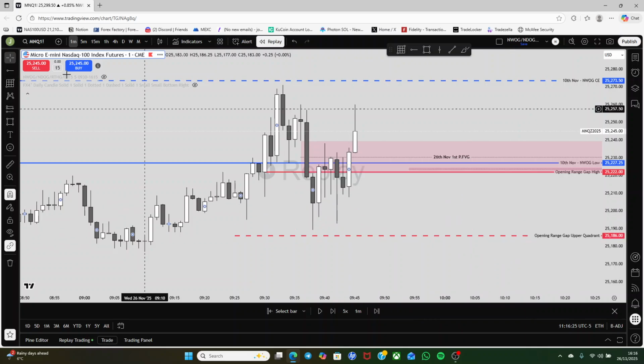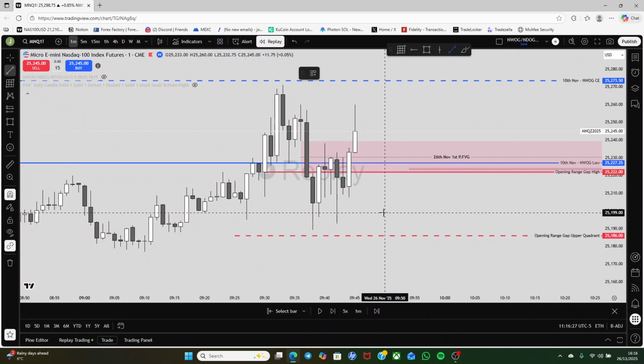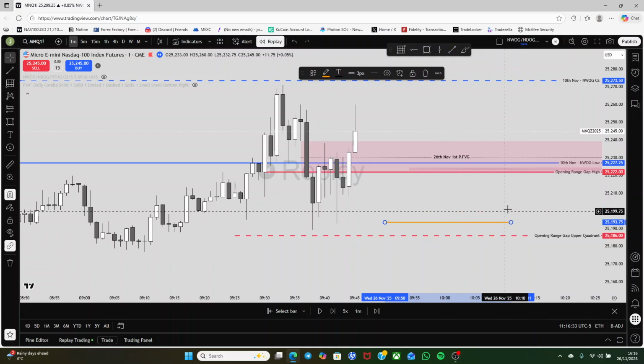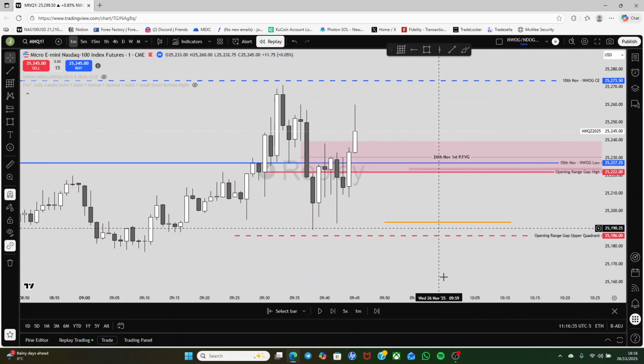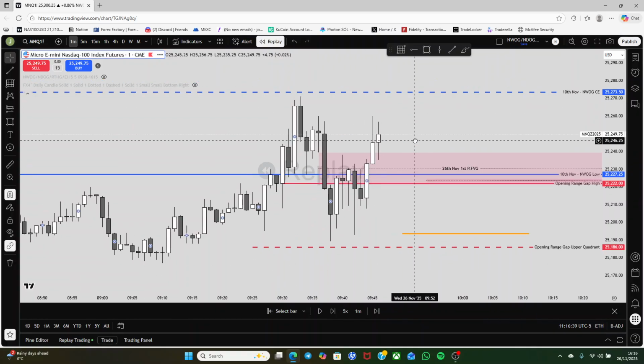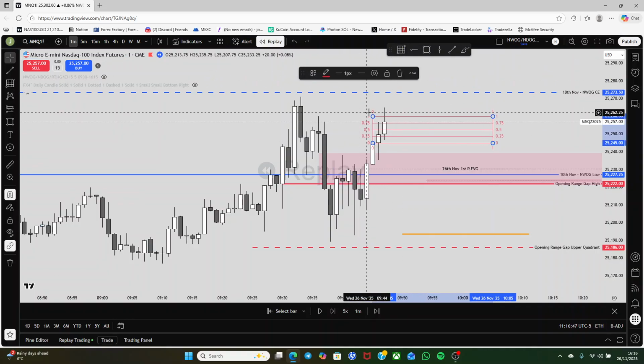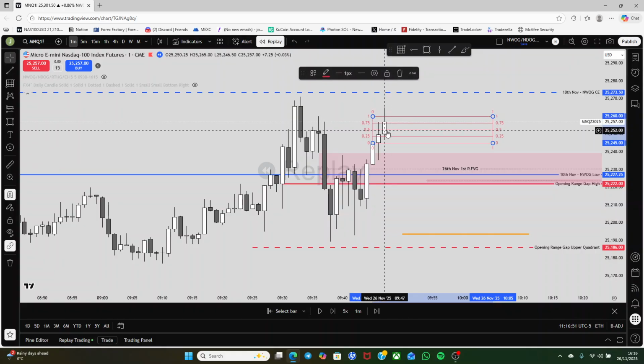And also, we're not in the macro yet either, so let's just mark the macro out. So yeah, we push above that first fair value gap, whip back into it, and then ideally, I'd always want to see a closure above the midpoint of this premium wick, which we do.